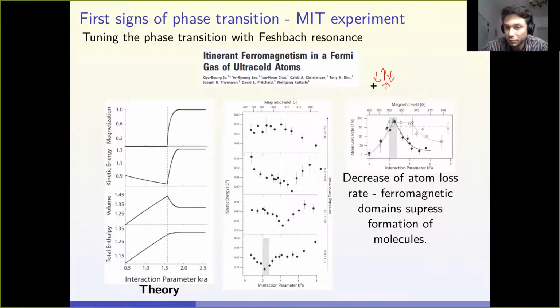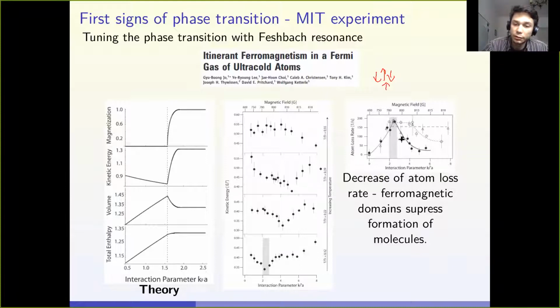Because there is a lot of room for spin ups and spin downs to meet, and the atom loss rate corresponds to this molecule formation. Because if the molecule is formed, then the resulting energy structure is different, and the light that detects the atoms does not see it, and this effectively corresponds to the loss of atoms. And in the paramagnetic state, it's relatively big.